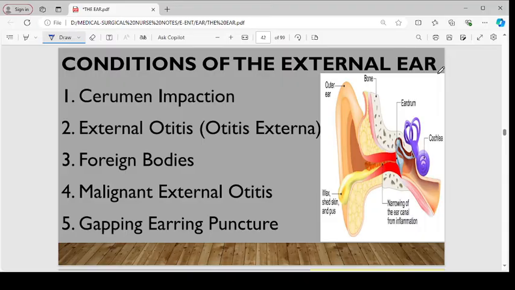Remember, we talked of the external ear, middle ear, and the inner ear. So starting with the conditions of the external ear, remember the external ear, we say it's made up of which parts? We have the pinna, which is the outside or the auricle.